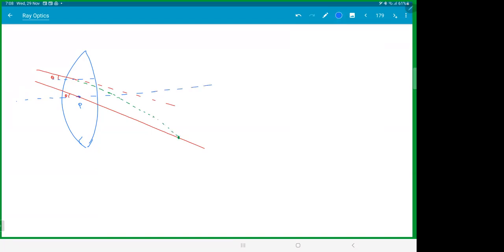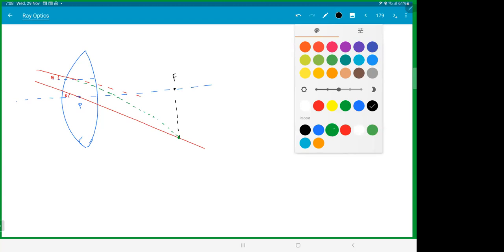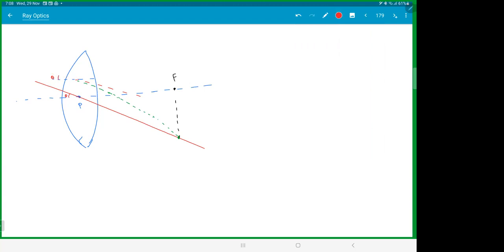What will be that point? Remember, parallel rays will meet at focus, isn't it? If you send a parallel light ray through the optical center and through this line, they will meet at the focus. So this is where they will meet actually. This is the point where the parallel light rays meet.